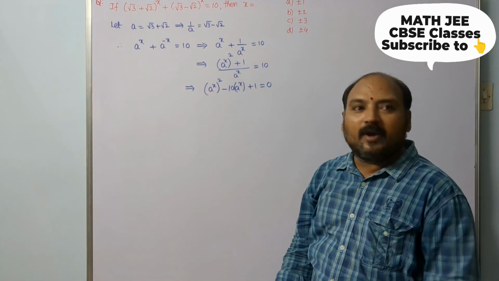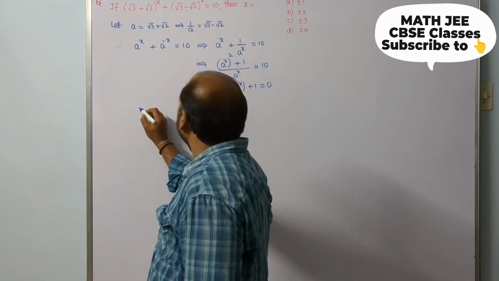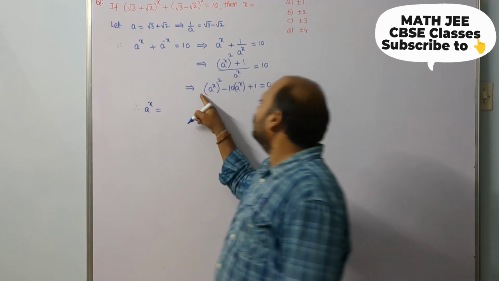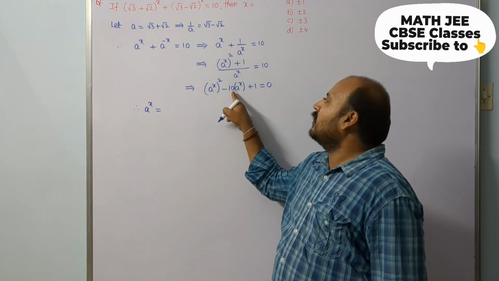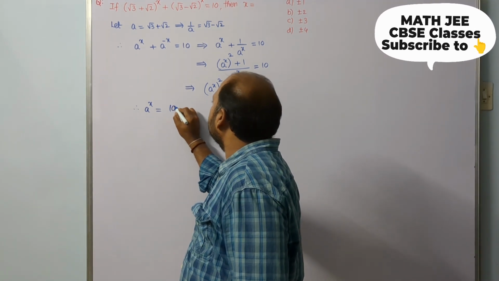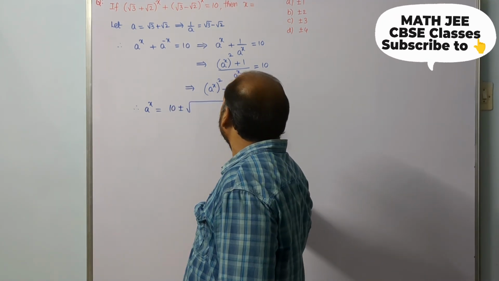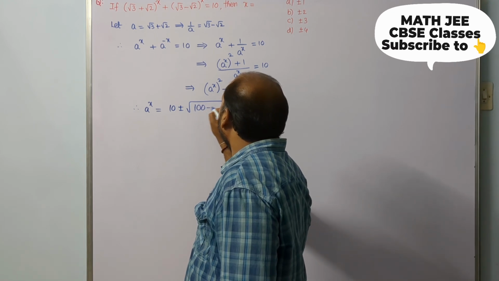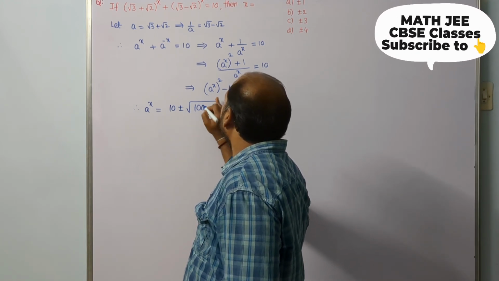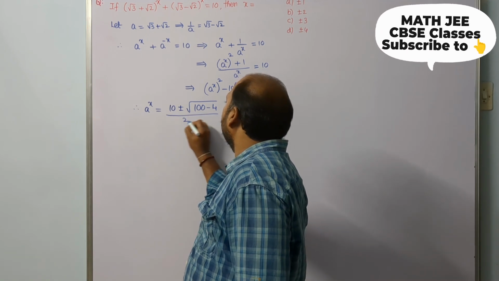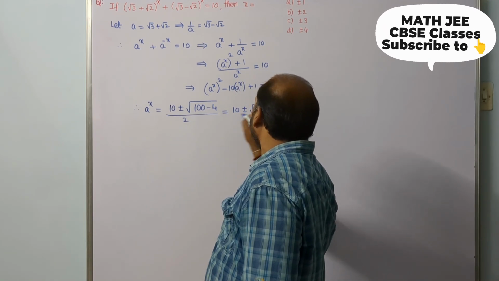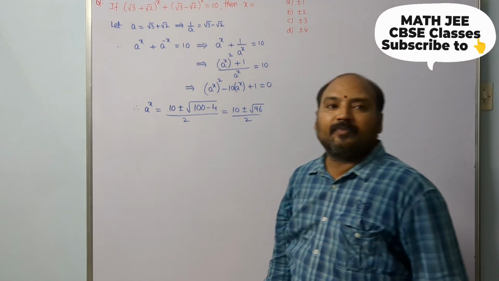It is a quadratic equation. It has roots. Therefore, I am writing directly a power x equal to, here the coefficient of a power x squared is 1, b value minus 10, c value 1. So, minus of minus 10 plus or minus root over b square 100 minus 4 into 1, divided by 2, which is equal to 10 plus or minus root 96 divided by 2.